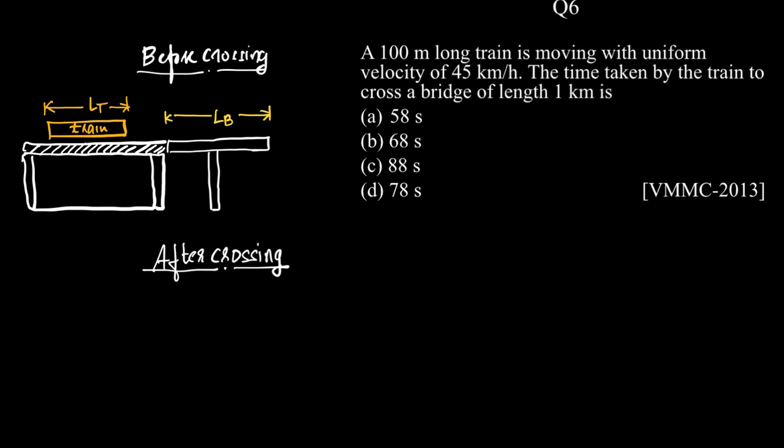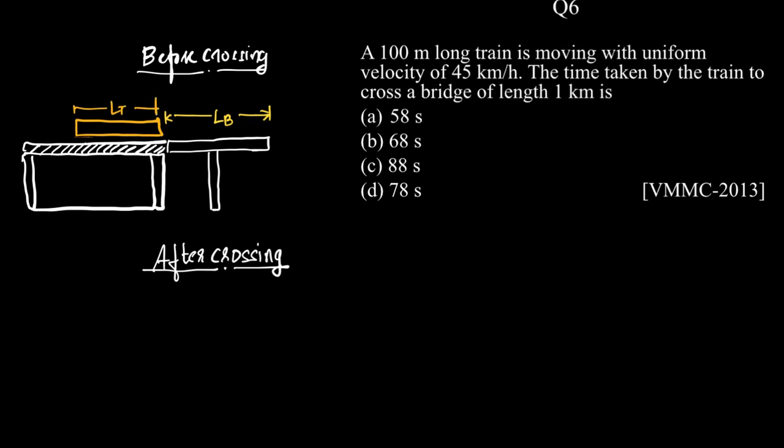Now, to make more sense, I should make a small rearrangement here. See, right before the train has started to cross, this is how the train would look. So this is the length of the train.